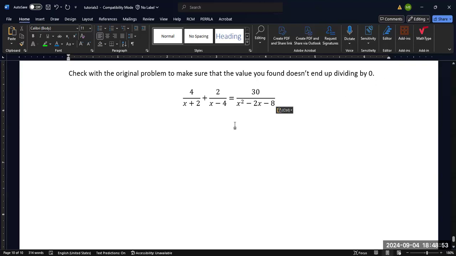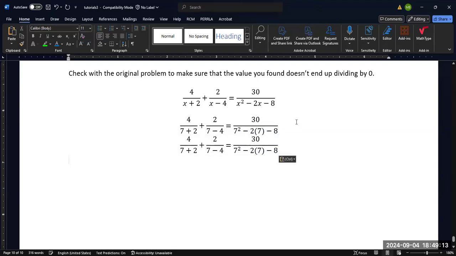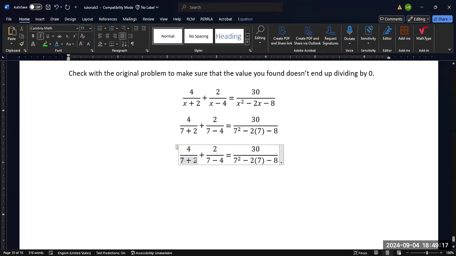So here's our original problem, and our solution was 7. So let's put in our 7 everywhere. All right. So now if we simplify our fractions, our denominators, this is going to give us 7 plus 2 is 9, and 7 minus 4 is 3.